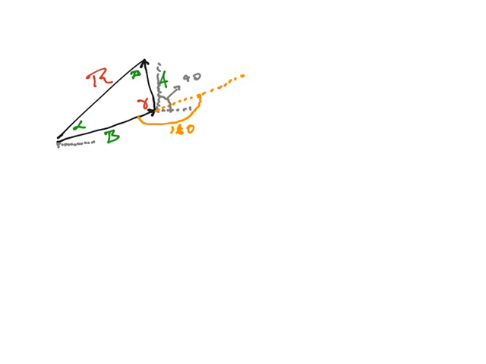Well, notice if this whole thing is 180, here's some theta 1 part, here's some theta 2 part. So theta 1 plus theta 2 is 180. But then I also have, we could call this one right here theta 3, that theta 1 plus theta 3 is 90.